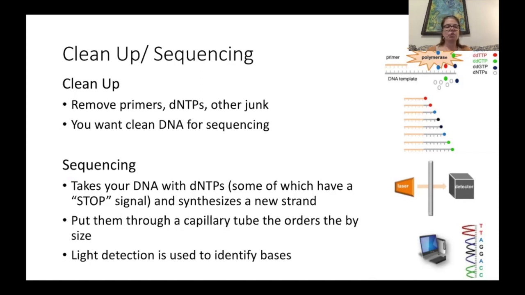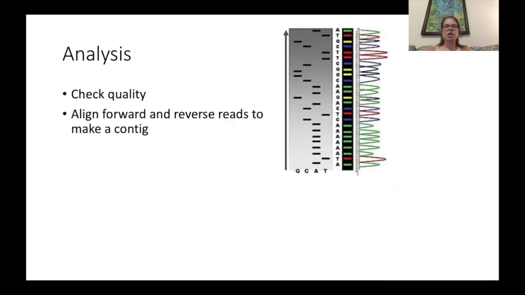Again, I had mentioned before we use Sanger sequencing. It basically takes the DNA along with some dNTPs, and it synthesizes a new strand done in a capillary tube, and you'll get a readout that is based on light detection of the different bases.